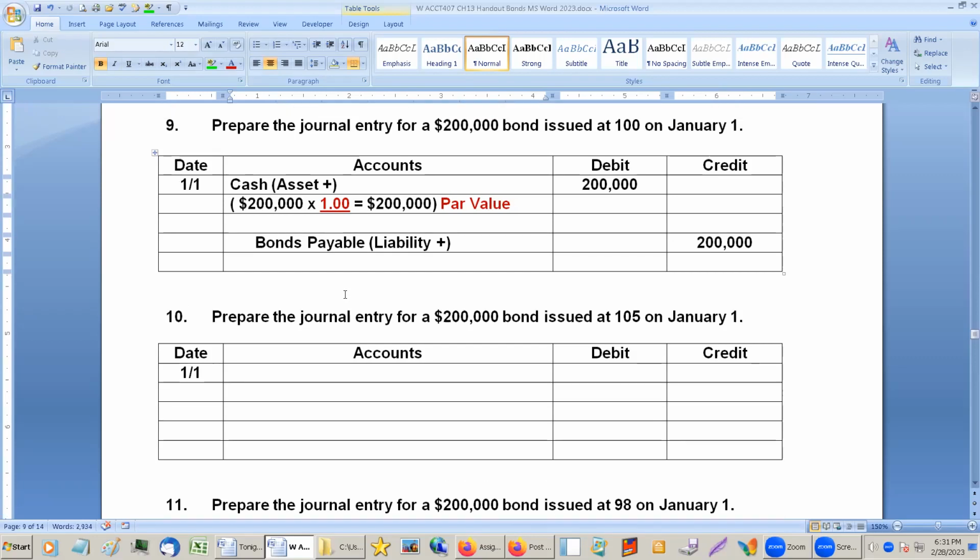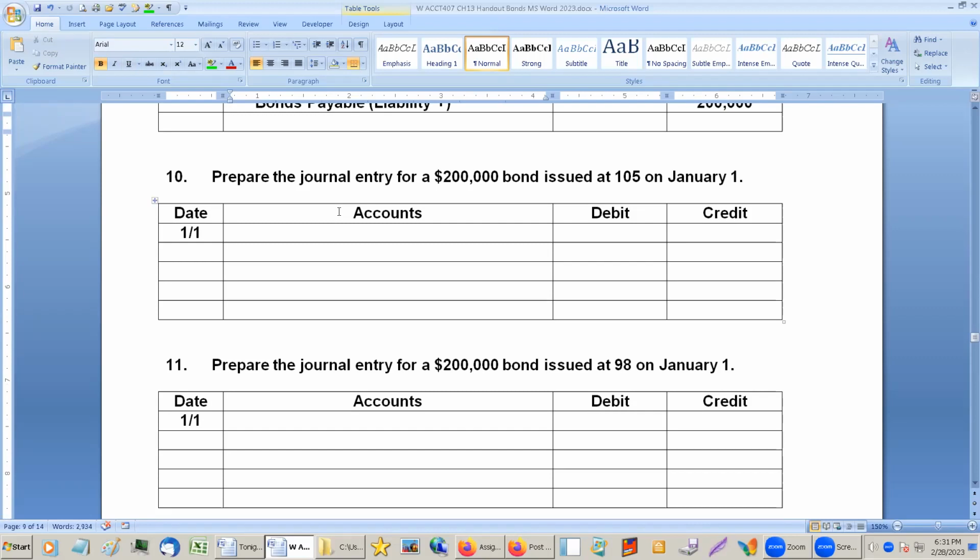I don't know why they don't call it face value. Par value is usually associated with stock, but regardless, I don't think it happens enough to worry about it. Okay.